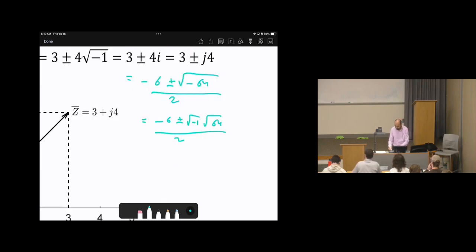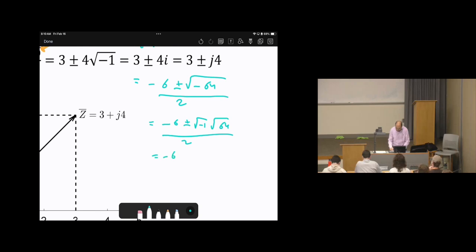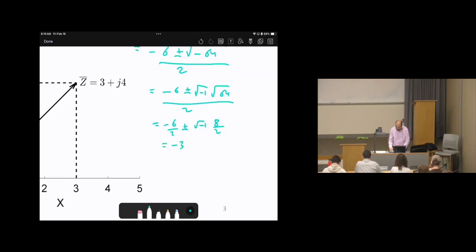Then the square root of 64 is 8. So it will be negative 6 divided by 2 plus minus square root of negative 1 times 8 divided by 2. Okay? Then dividing by 2, negative 3 plus minus square root of negative 1 times 4. Then we define the square root of negative 1 as the imaginary number, which is i.